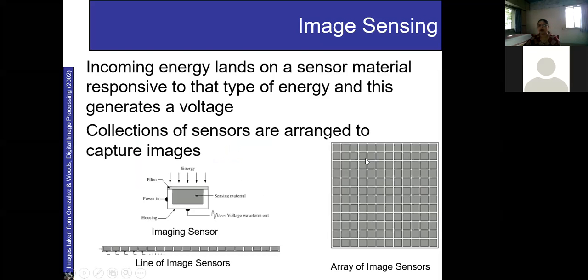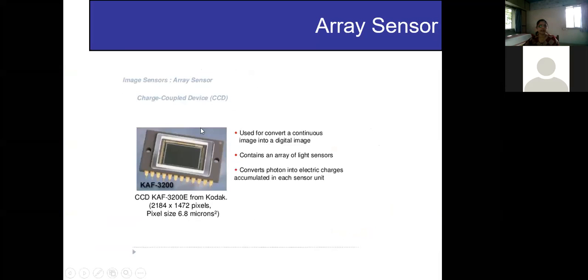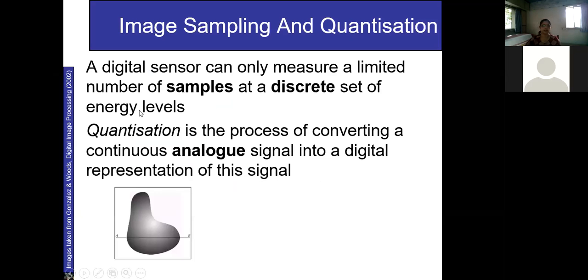Finally, the output is available as voltage, and there is also an analog to digital converter circuit, which finally gives you the digital equivalent of each pixel intensity value. So this is an example of an image sensor by Kodak, which is of CCD type, charge coupled device type.